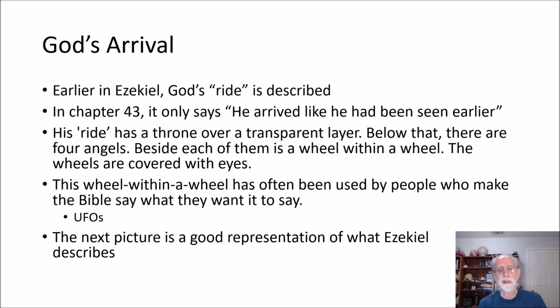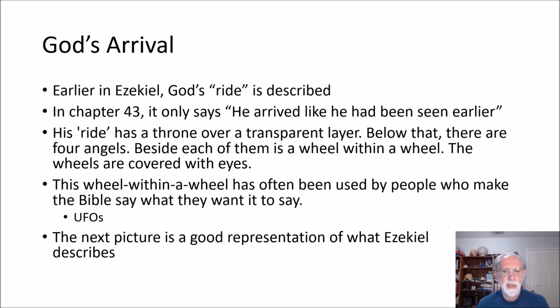It's described in an earlier chapter of Ezekiel, I think maybe chapter 1, and then again later on. So the artist here has used the description from the earlier chapter and put it in here to show you. But nonetheless, the same idea is here, because in chapter 43, it says God arrives like he had been seen earlier, in chapter 1 and the other chapter.